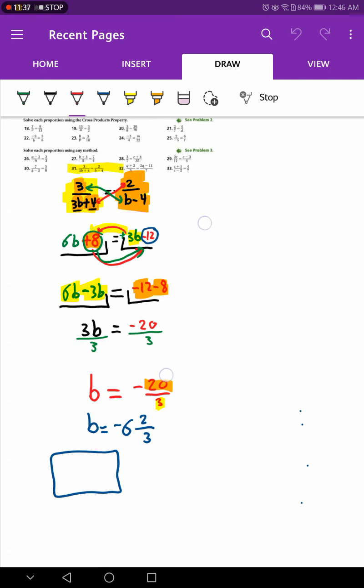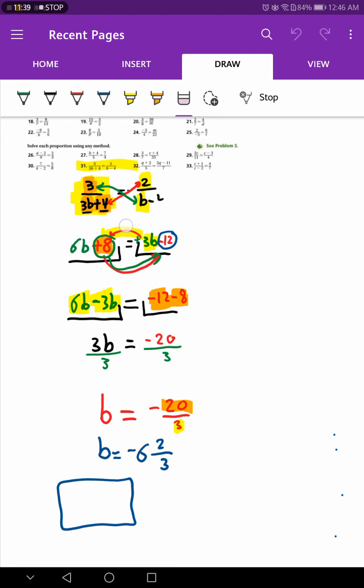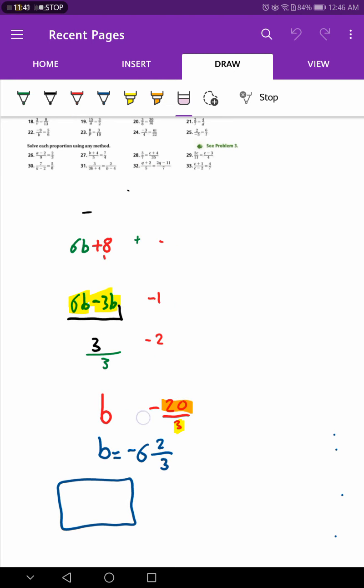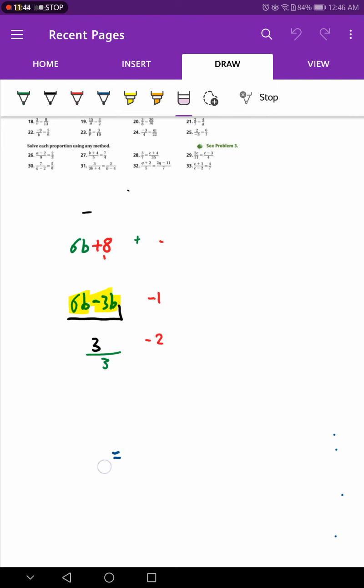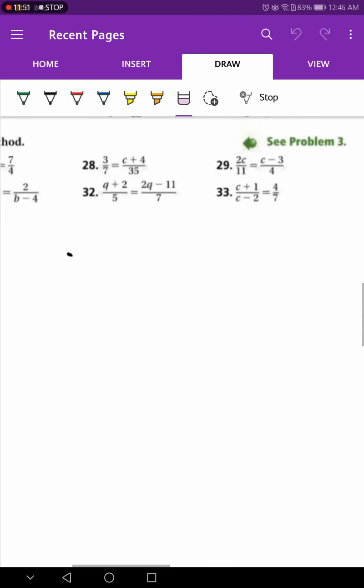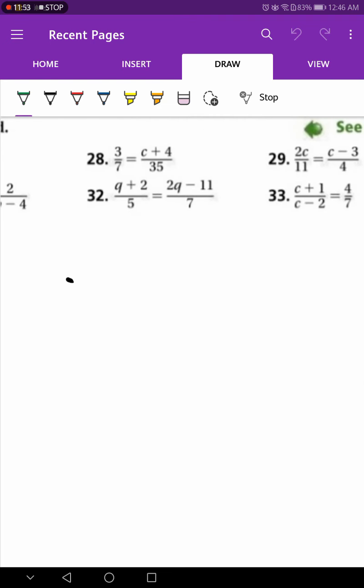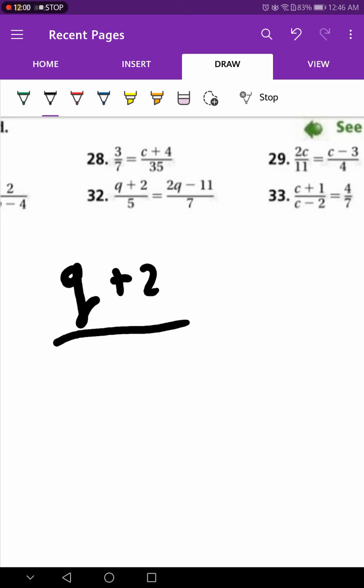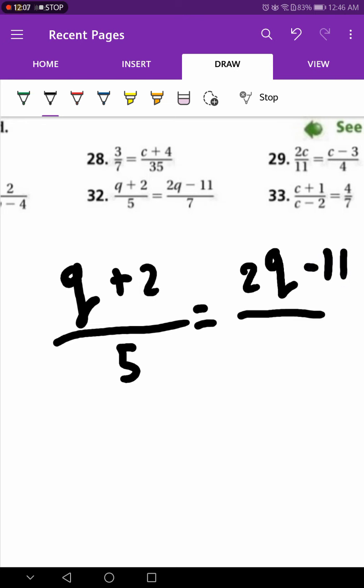Okay. Let us solve the last question, which is 32. I selected for you. Here, see this one. So it is Q plus 2 over 5 equal 2Q negative 11 over 7.